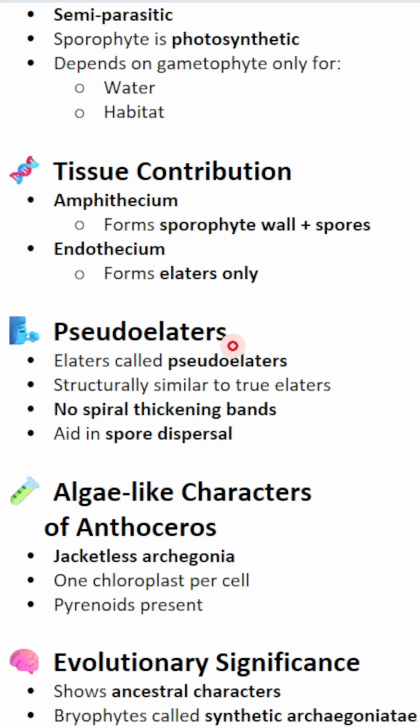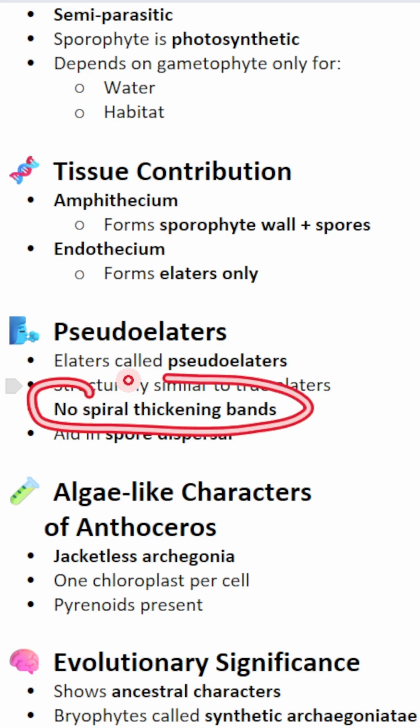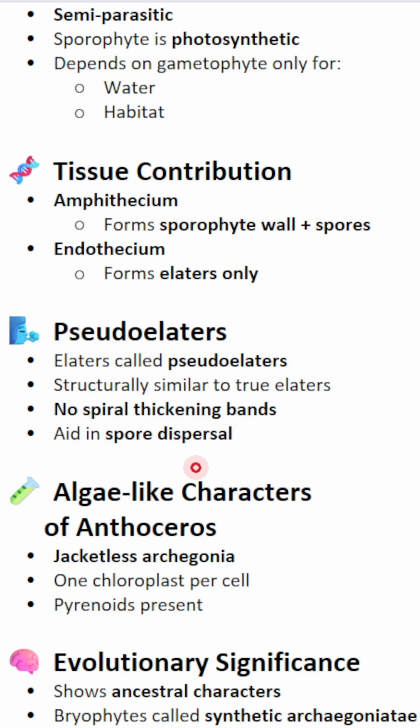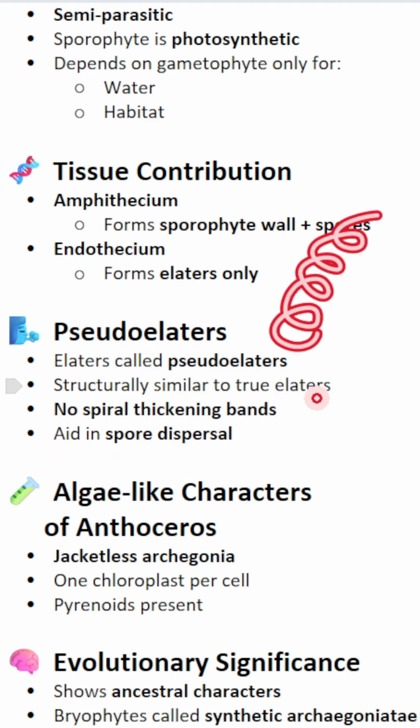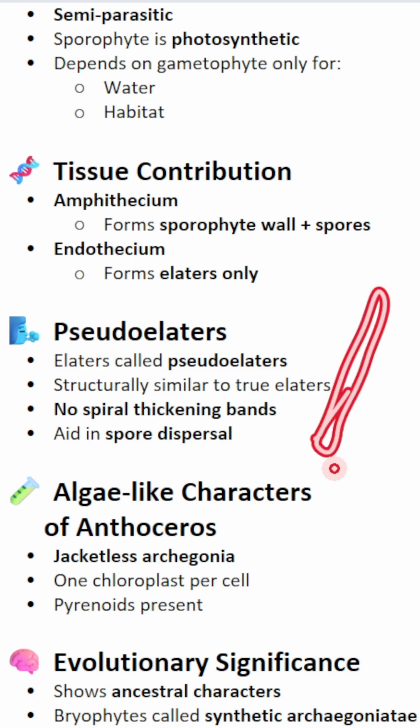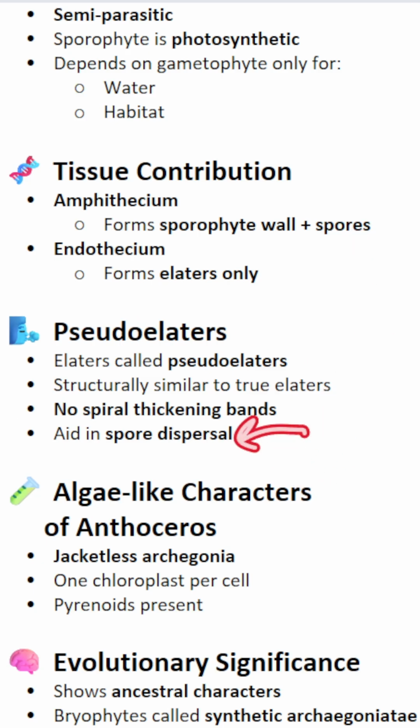Here the elaters are not true elaters but false elaters, called pseudoelaters. The structure is similar, but true elaters have spiral thickening bands, whereas here no spiral bands are present. They are very simple in structure, but they do help in spore dispersal.